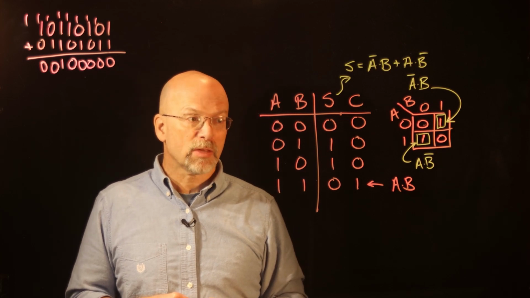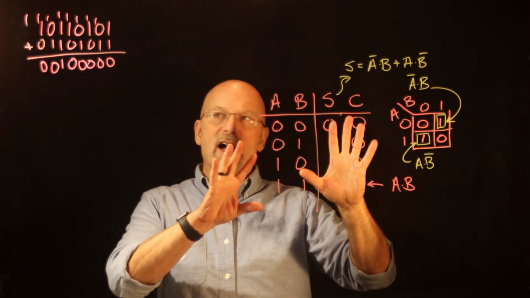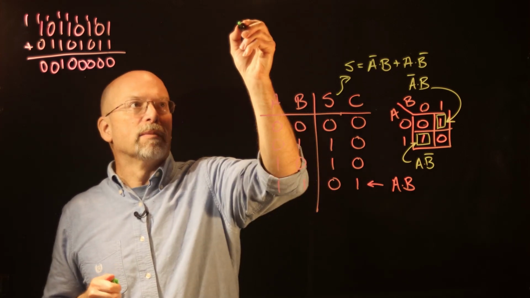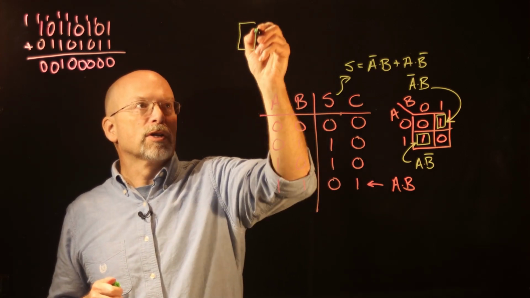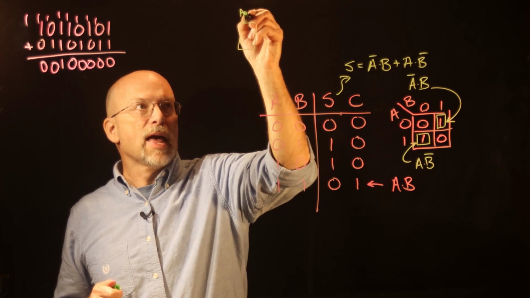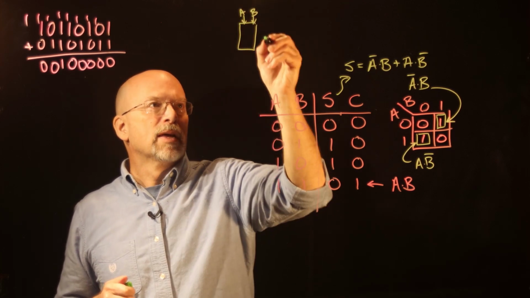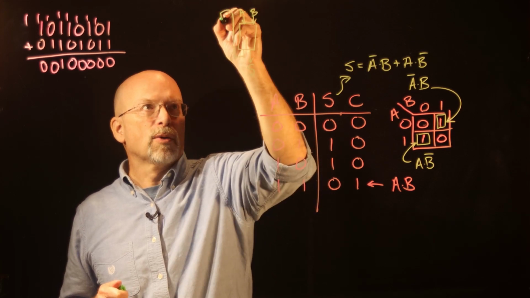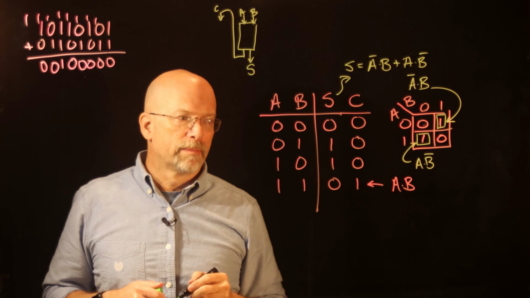All right? So that takes care of what happens in this first column. And by the way, we're going to have A and B, and then the output is going to be the sum and a carry into the next column.